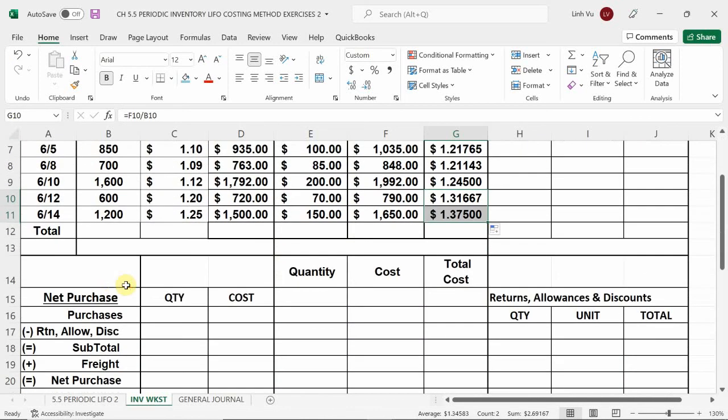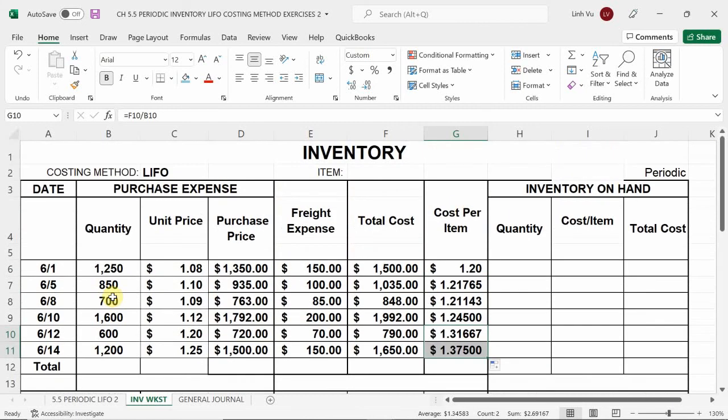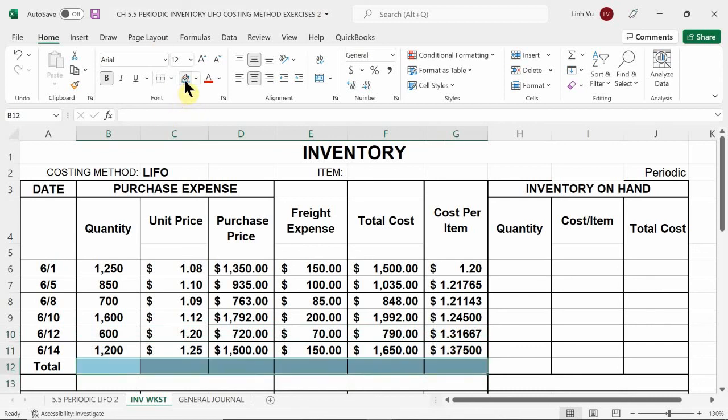Now that we've reached the end of our accounting period, we need to solve for our totals here. So I'm going to highlight this so you can tell the difference.